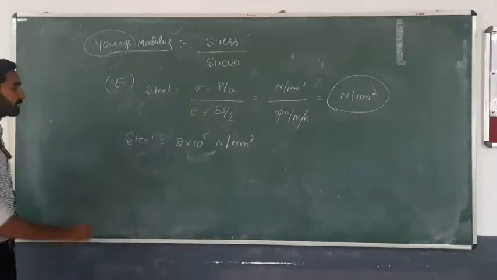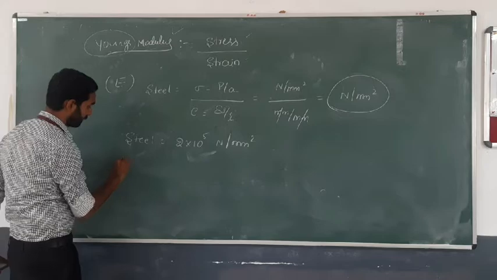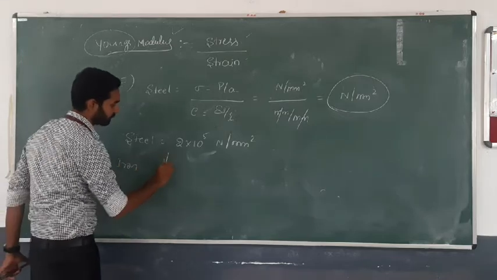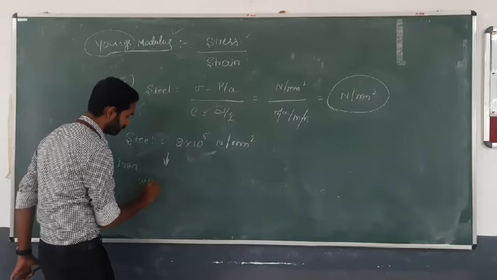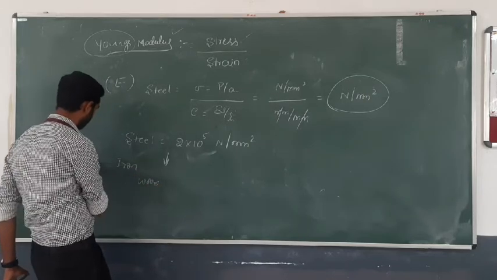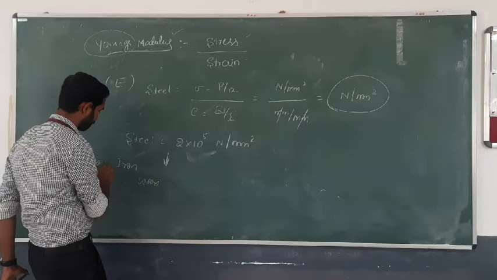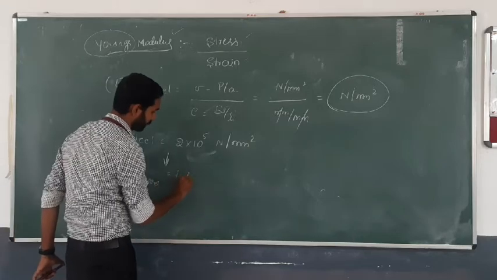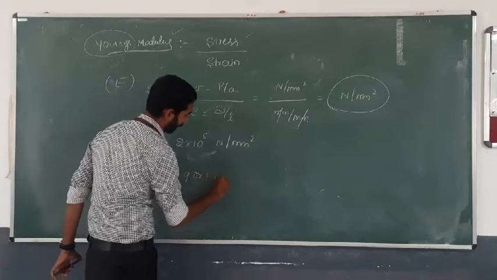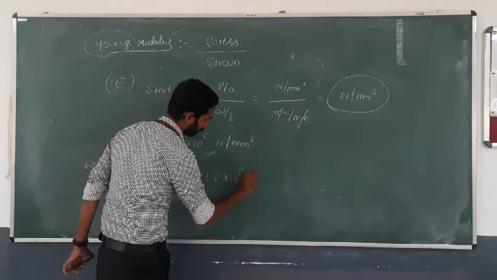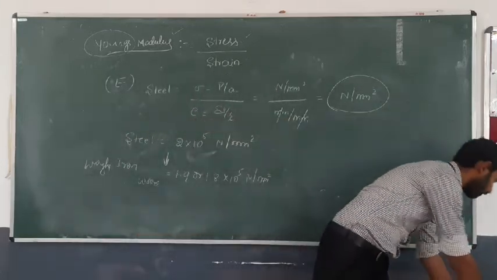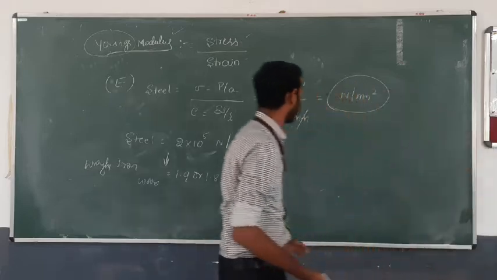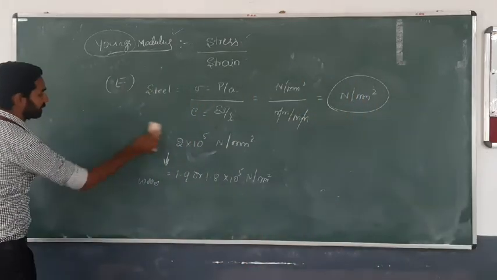For iron, or wrought iron, it will be slightly lesser, 1.9 or 1.8 into 10 to the power 5 Newton per mm square. How will you calculate Young's modulus? We will see with respect to one derivation.